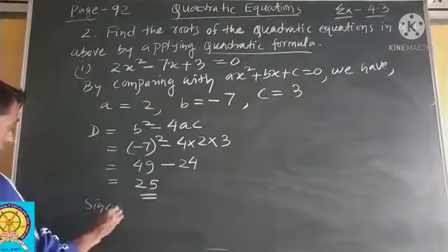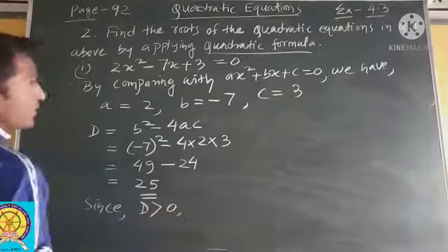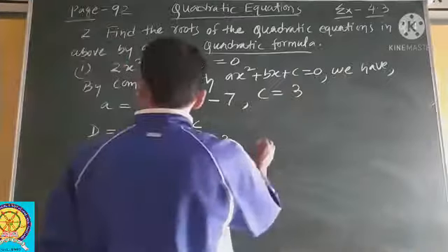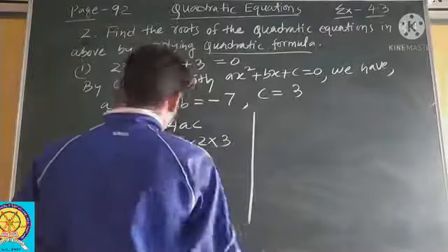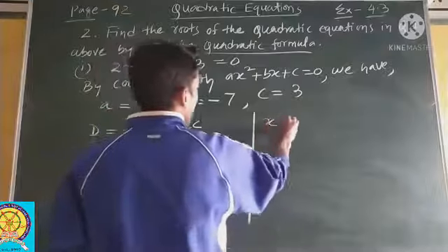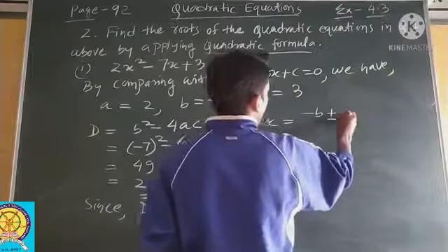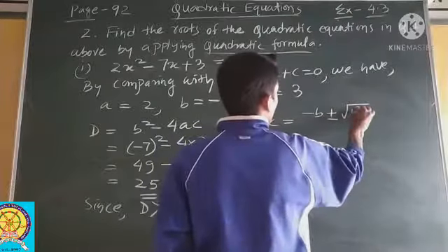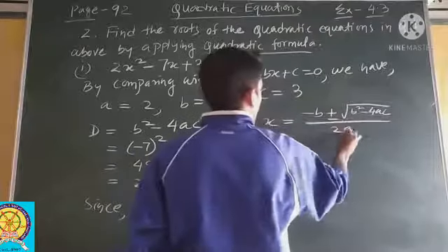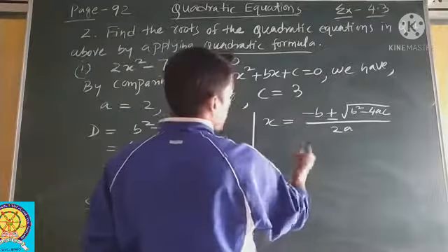So the discriminant is greater than 0. Since the discriminant is greater than 0, we have two distinct roots. So now we will find the roots by using the quadratic formula. What is the formula? x equals minus b plus or minus square root of the discriminant b square minus 4ac, by 2a. This formula is called the quadratic formula.